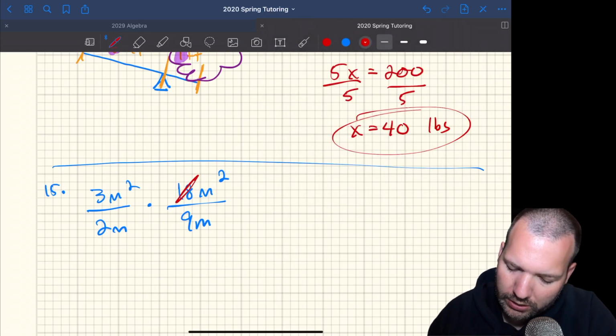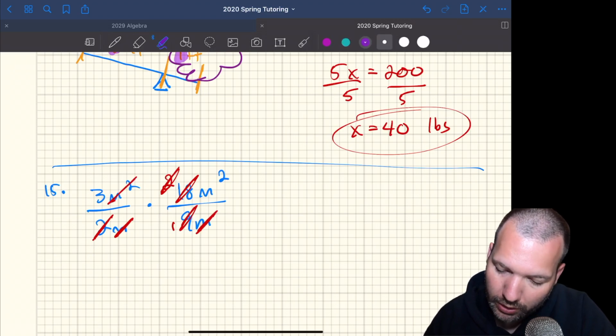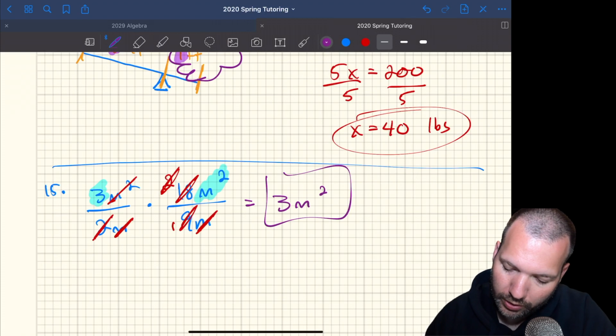I wish I'd never brought it up. 9 goes into 18 twice, to itself once, though we don't need that, strictly speaking. 2 cancels with 2, that's fun. M and m cancel one of those m squareds, but otherwise, what's left right now? Just a 3 from the first part, just an m squared from the second part. So this is the same thing as 3m squared.